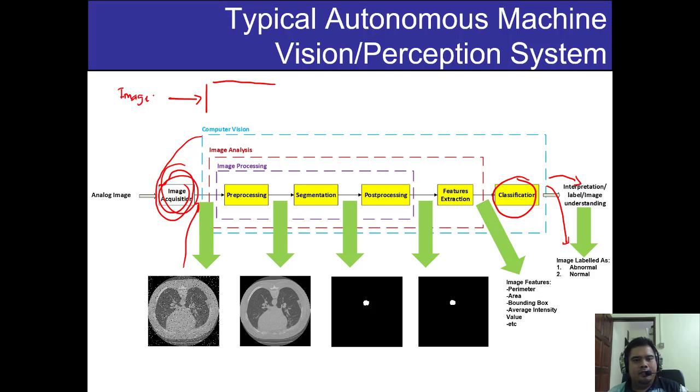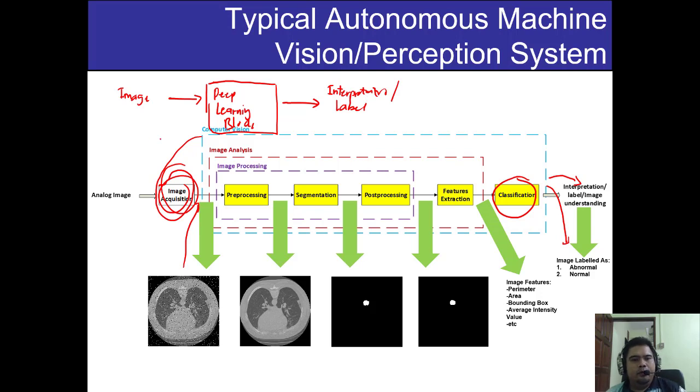Assume this is your digital image, and this is your deep learning block, and then the output is your image interpretation, or label of the image.